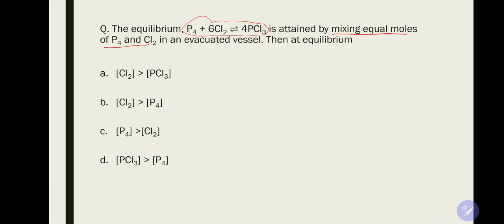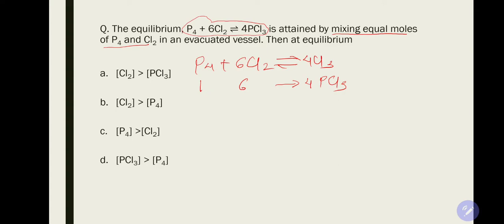Now if you see the equation, that is P4 plus 6Cl2 gives me 4PCl3. Here you can see 1 mole of P4 reacts with 6 moles of chlorine to give me 4 moles of PCl3, that is phosphorus chloride. So here what you see is that 1 mole of P4 reacts with 6 moles of Cl2.